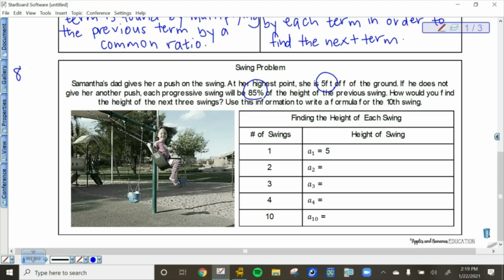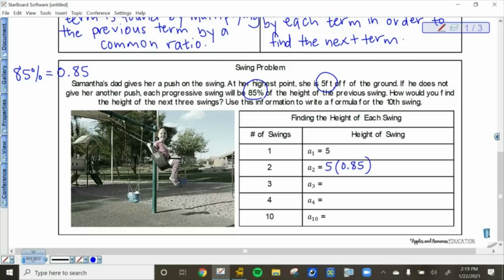How do we write 85% as a decimal? Yeah, 0.85. So if we want to find 85% of 5 feet, we need to multiply 5 times 0.85.